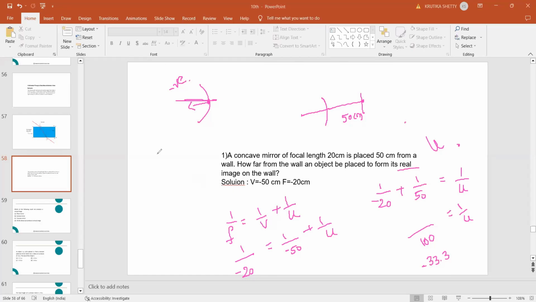But see what is given in the question. A concave mirror is placed 50 centimeter from the wall. Suppose this is a wall. They asked where the object should be placed so that you can get the real image. Here this distance is 50, but what about this distance?